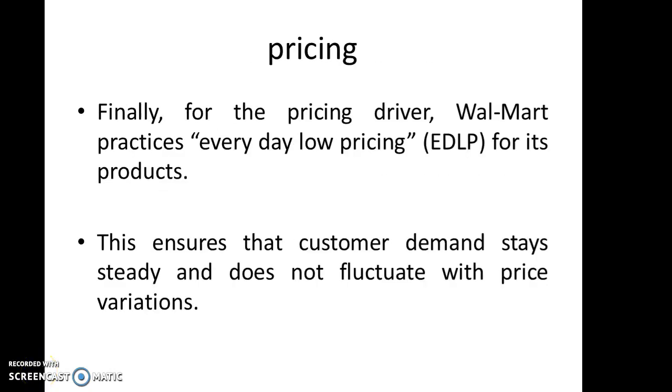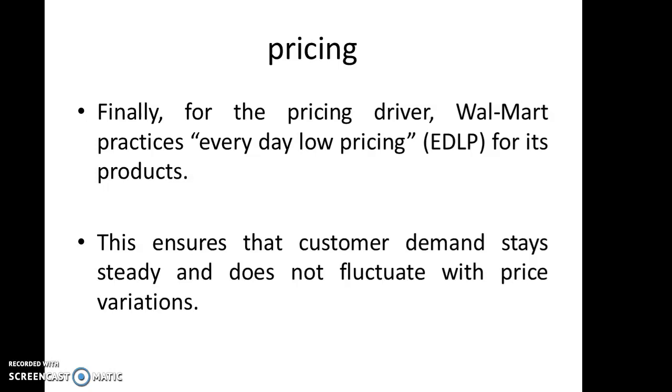The next driver is pricing. In case of the pricing driver, Walmart practices everyday low pricing, EDLP, for its products. What it means is they don't have the practice of reducing prices by giving seasonal discounts, where customers would wait for a particular season for lower rates. Instead, whenever customers go to a Walmart store, they get the products at a lower price.